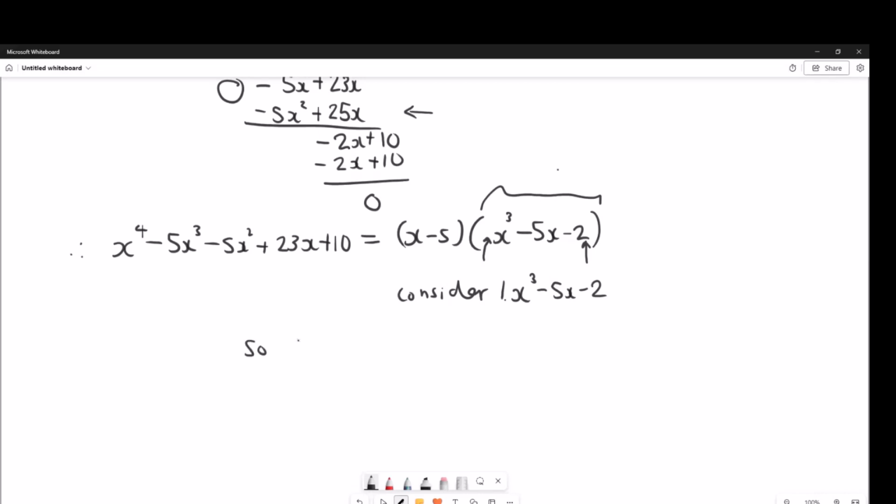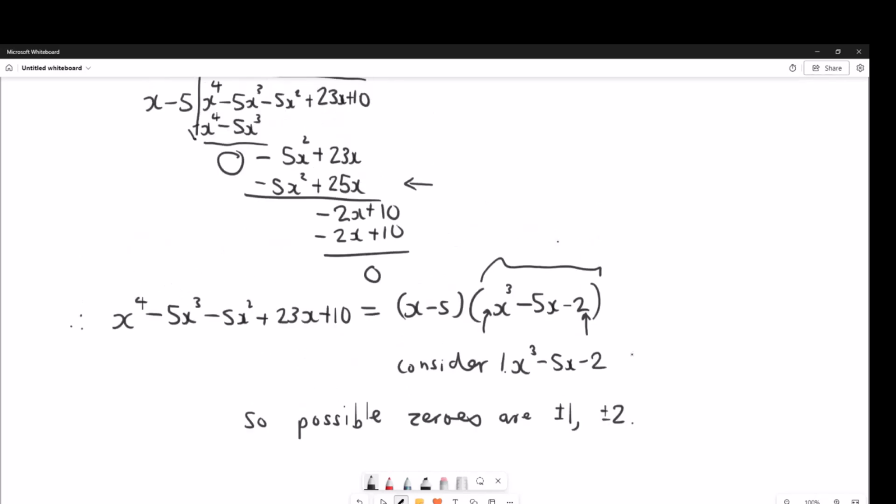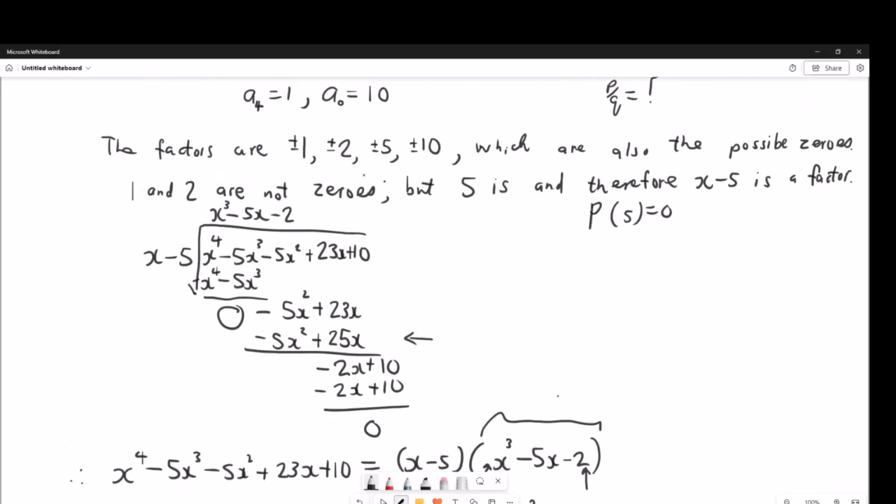So possible zeros, using the rational zeros theorem, are plus or minus 1 and plus or minus 2. So there are 4 possible zeros there, okay? And we know already, from our early encounters, that 1 and 2 are not zeros.